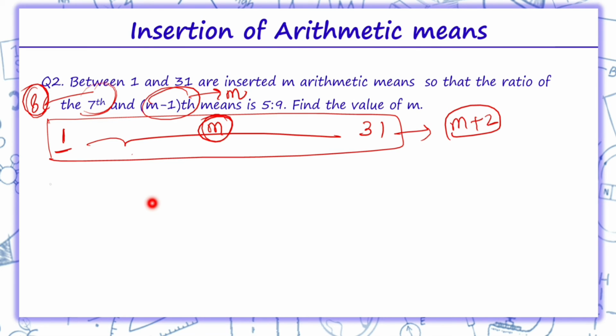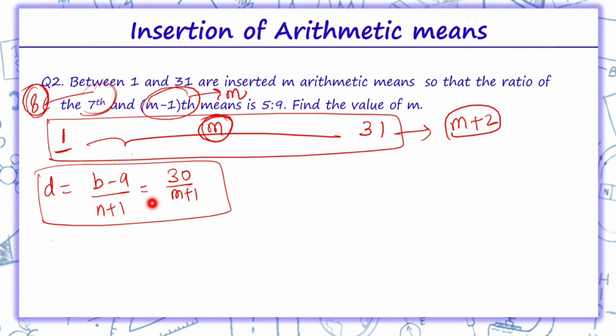So first of all we will find d over here. The difference will be (b minus a) upon (n plus 1), which is (31 minus 1), 30, upon (m plus 1). This is the difference. Now the 7th term, that is the 8th term, upon the (m minus 1)th term, that is the mth term, they are talking about according to this AP, because now our term will start from this.